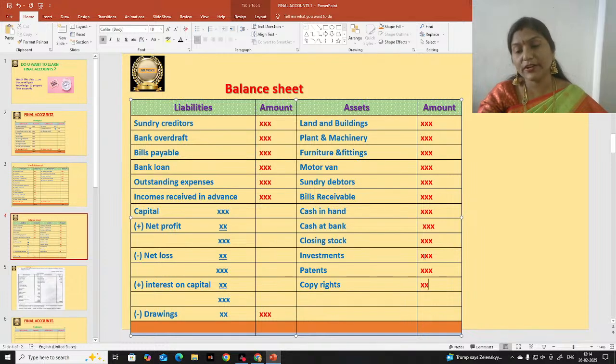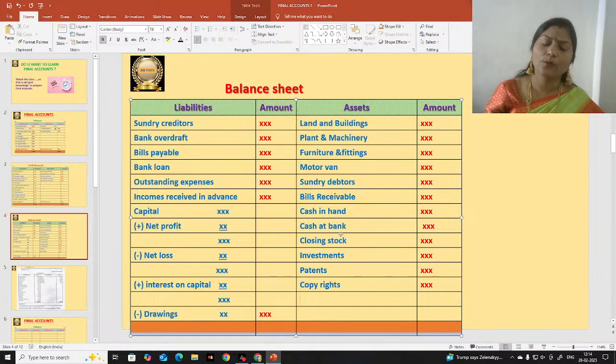Patents, copyrights, trademarks, goodwill, these all are assets, but patents and copyrights will be repeated most of the times, chance is there. That is why I mentioned only 2 items, and more items are there. I will provide the complete pro forma in the form of a PDF in the comment section. You can refer to that, but here I am giving only the list of items which you have to remember compulsorily.